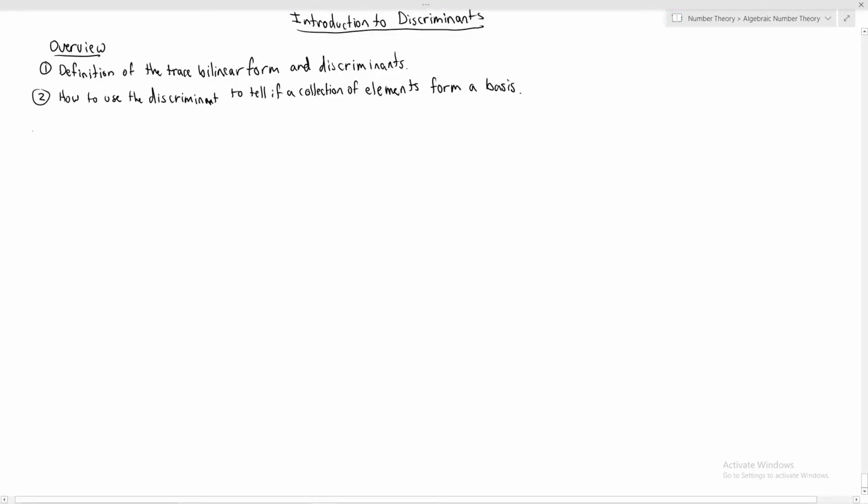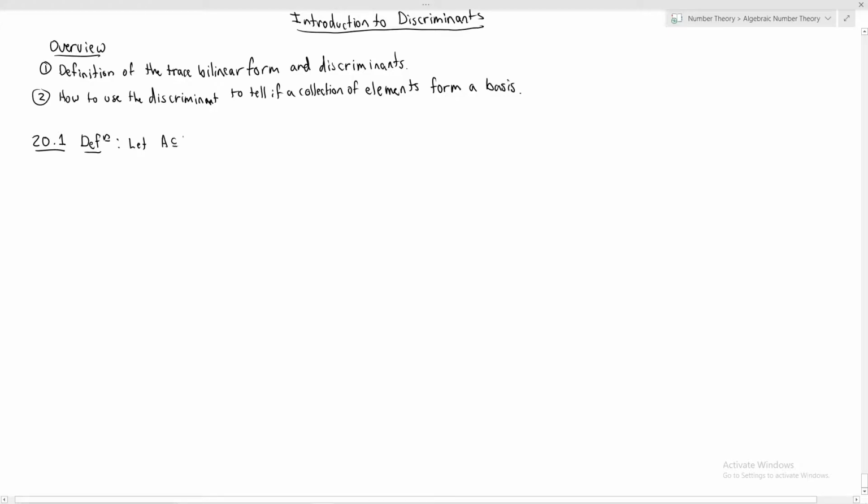So this is going to be 20.1 definition. This is going to be a setup for most of this lecture.